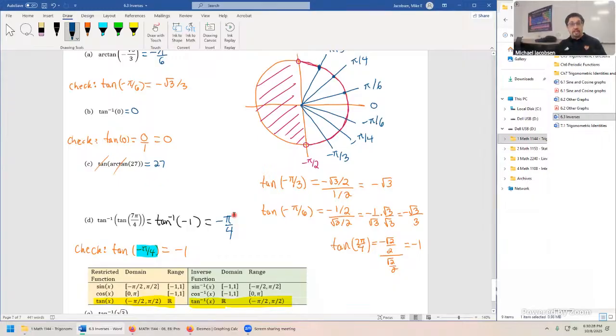Or just another equivalent way to think about this: the last time these came up, we thought of reflections. But this time, it was just a matter of placing 7 pi over 4 on this diagram and grabbing the right angle, negative pi over 4. So that would solve the whole problem on this one.